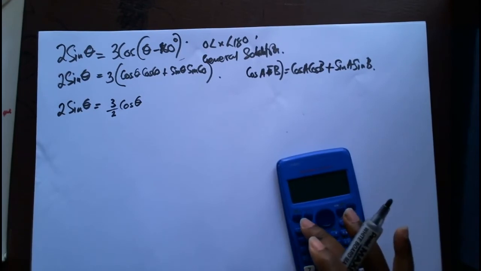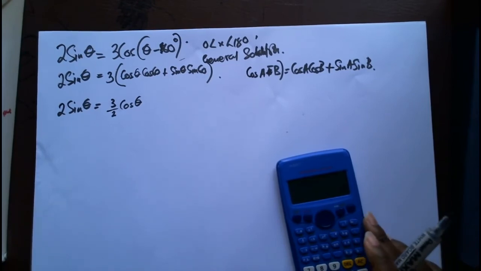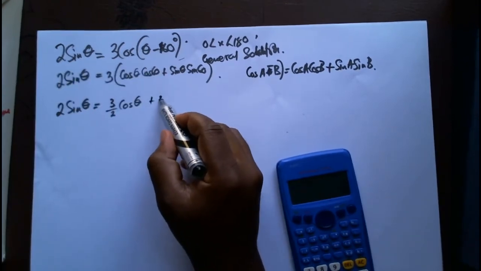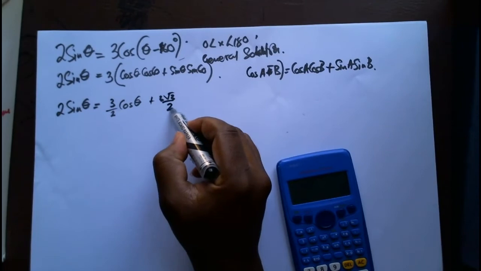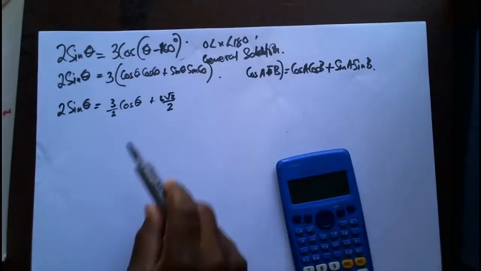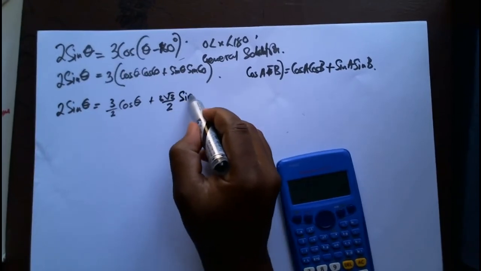Sine 60 is equal to root 3 over 2. So plus 3 root 3 over 2, I've multiplied 3 times root 3 over 2. So it becomes 3 root 3 over 2 sine theta.